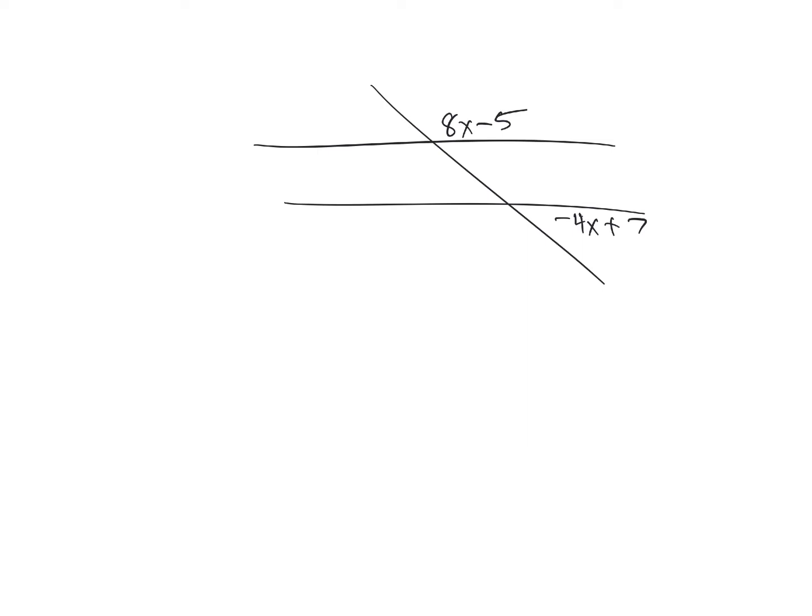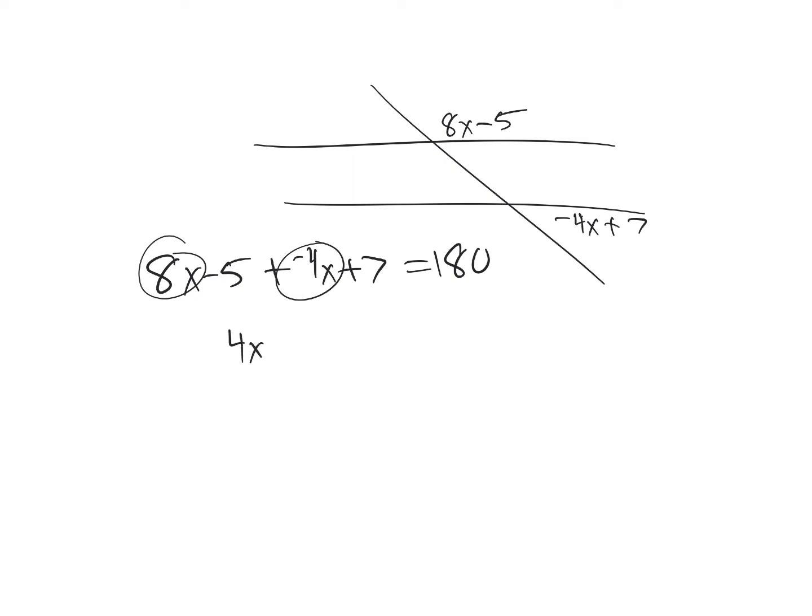So you should have written it like this. 8x minus 5 plus negative 4x plus 7 equals 180. They're on the same side of the equal sign. So 8x and negative 4x just go together. So that's 4x. And a minus 5 and a plus 7, that's plus 2.